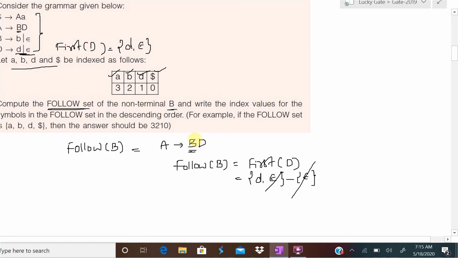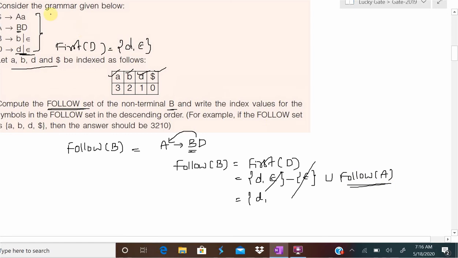No. It means that this B is going to follow A. So follow of B equals follow of A, which means we have to union it and perform follow of A. Now what is follow of A? First D. Now to find follow of A, check which productions have A on the right hand side.